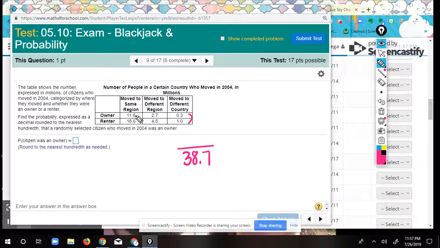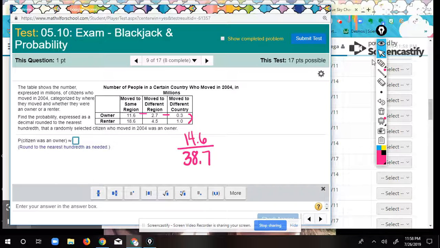So we add up the 3 numbers in the owner category, 11.6 plus 2.7 plus 0.3, which is 14.6 out of 38.7. We divide, and you get 0.377, which would round to 0.38.